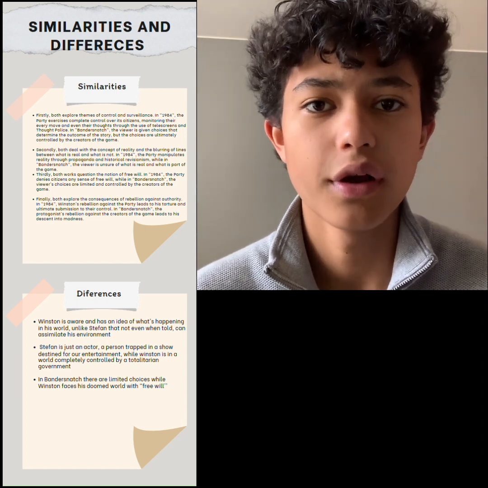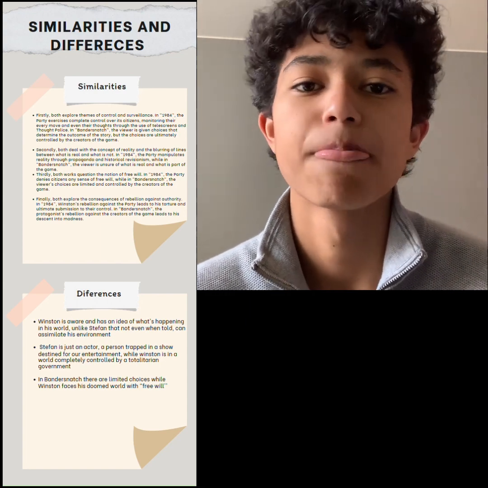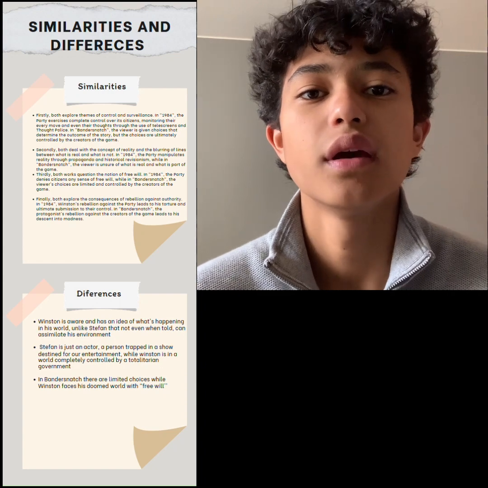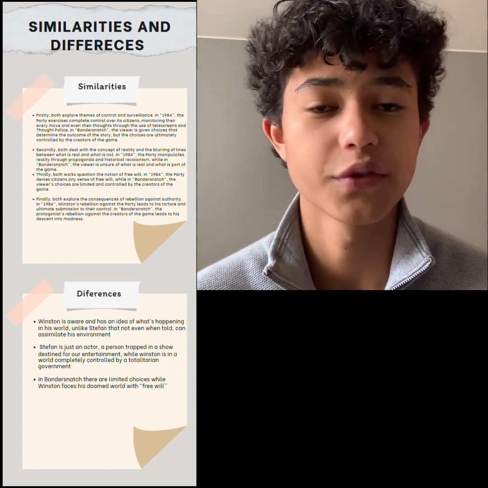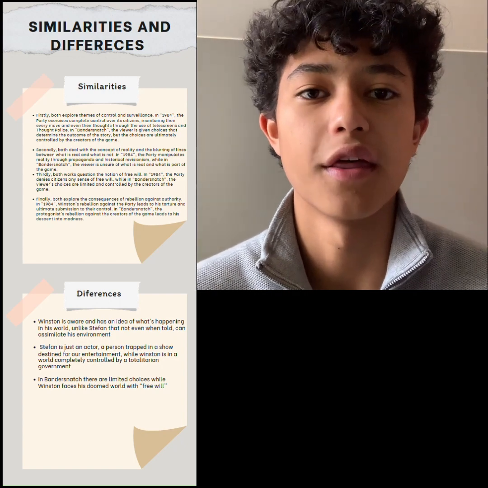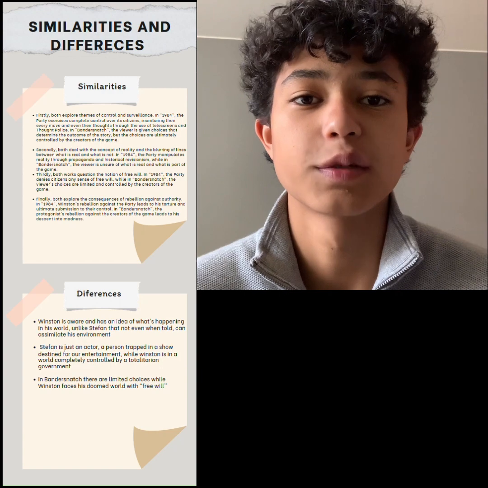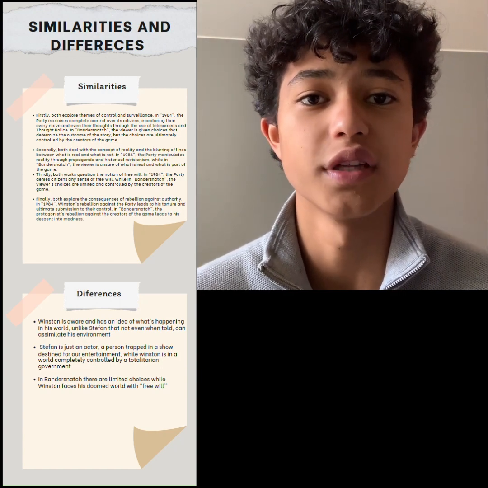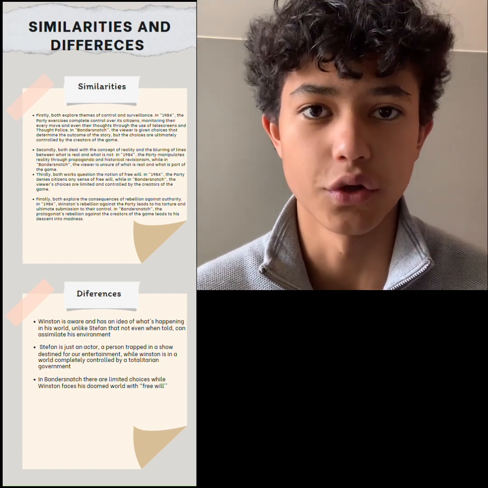In 1984, government controls reality through propaganda and censorship, while the movie viewer can choose alternate realities and outcomes for the story. Themes. Both explore themes such as loneliness, isolation, and a struggle of individuality against external control.